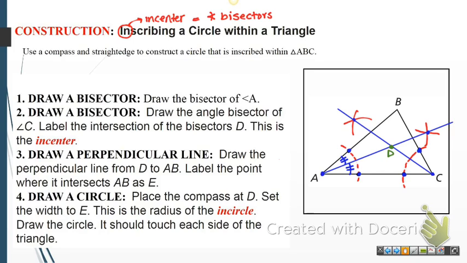We'll call that point D. So D is now the center of my circle. And remember, I want to make the circle fit inside the triangle. So when I measure my radius on my compass, I'm going to make sure that my compass opening is just as wide as the distance from the incenter out to the edge of my triangle.